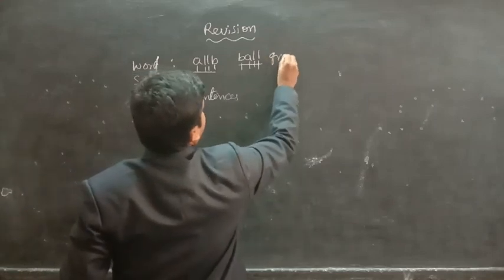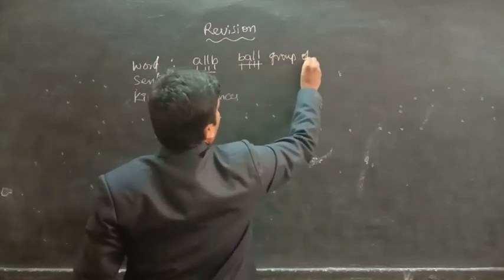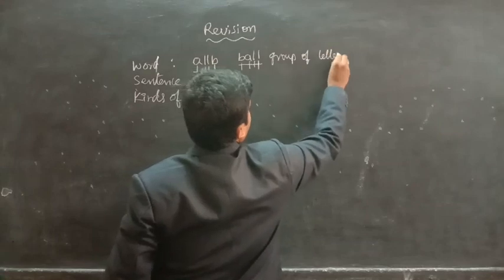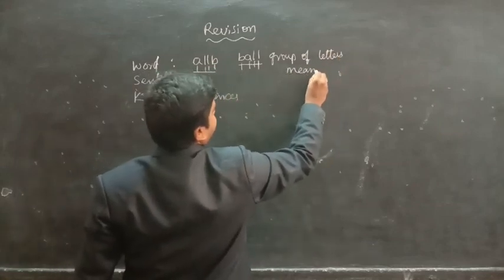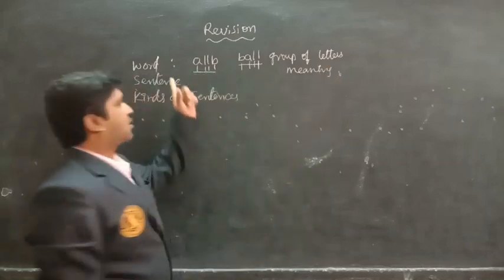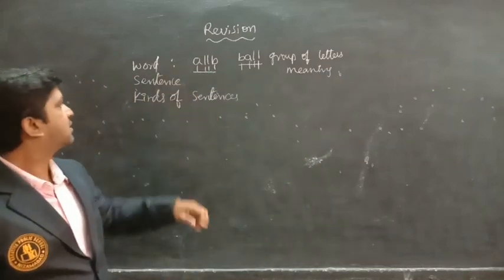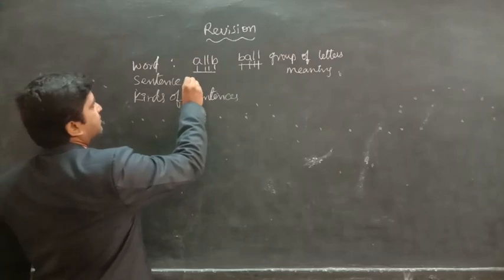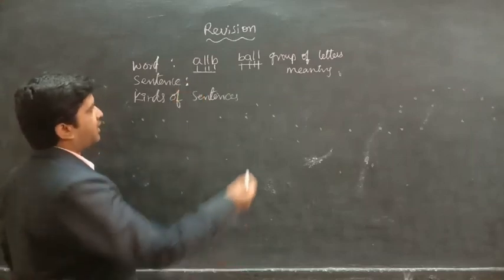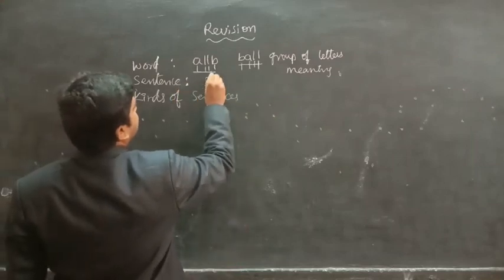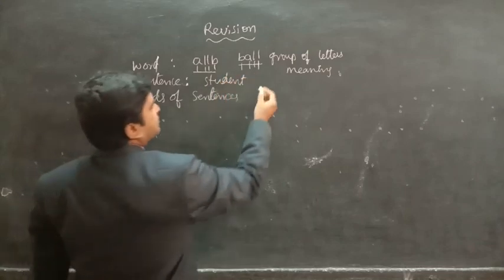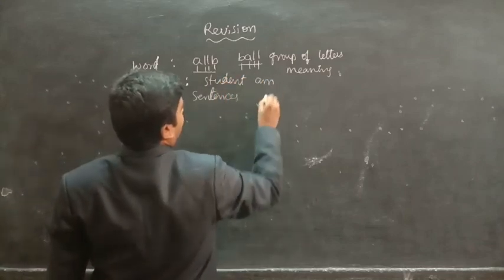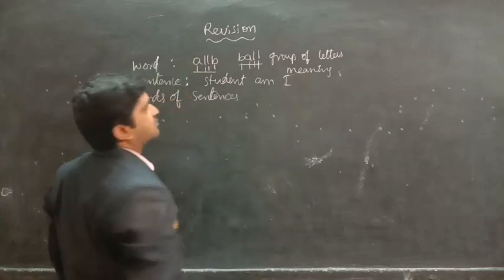Here, a group of letters which gives some meaning is called a word. And sentence. Read this: "Student am I."